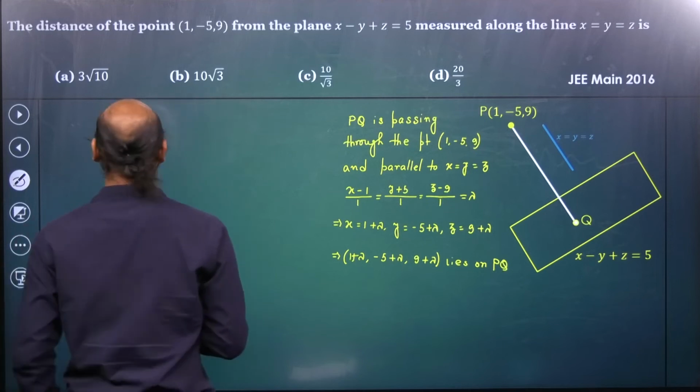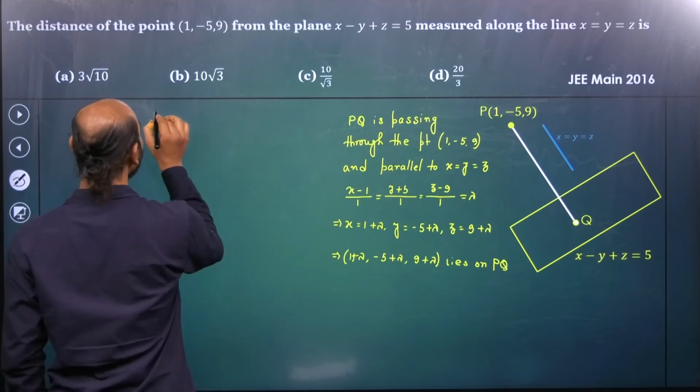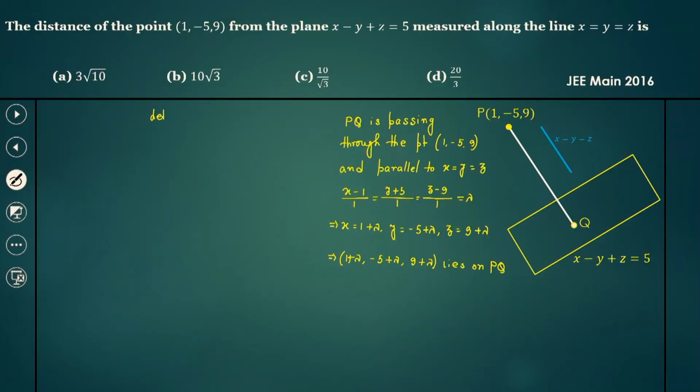So let that point (1 plus lambda, minus 5 plus lambda, 9 plus lambda) lie on x minus y plus z equal to 5.